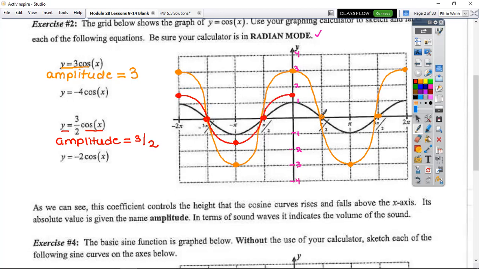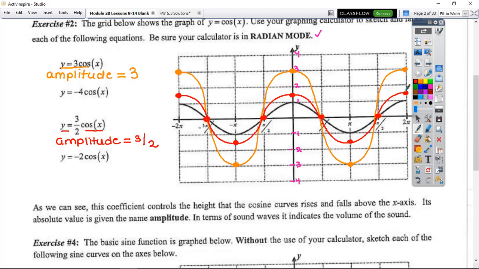Back the other side, 0. And negative 1.5, 0, and 1.5. So you're more than welcome to use your calculator, or you can just take the function that was there and just multiply it by 1.5.